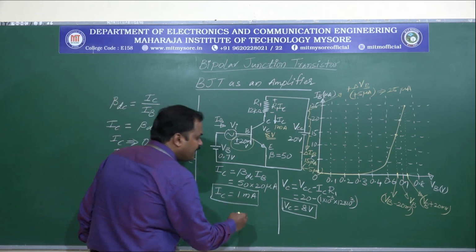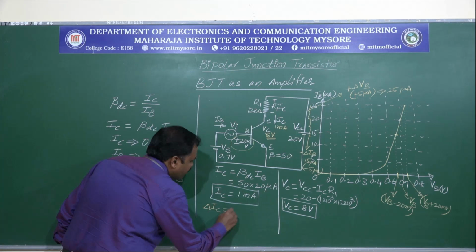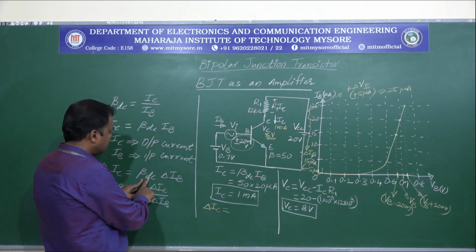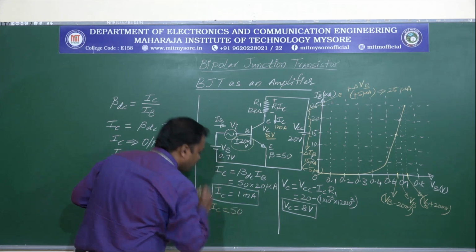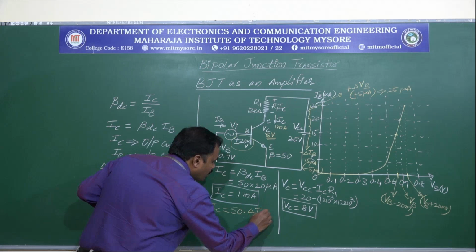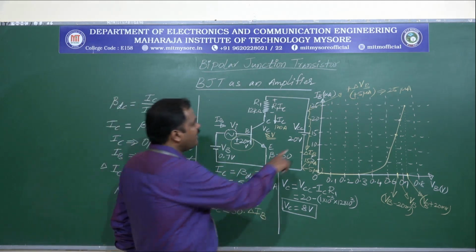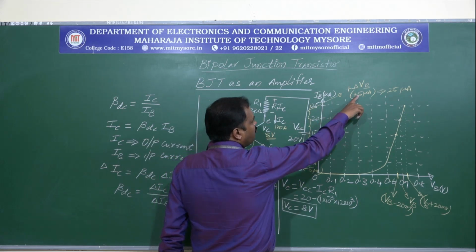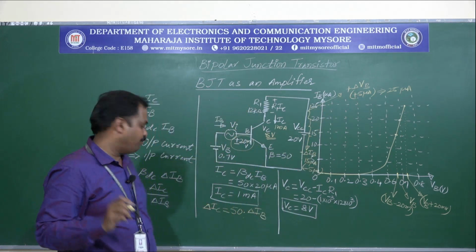So I can write delta IC is equal to beta DC, which remains the same, 50, into delta IB. Now what is delta IB? We have delta IB as plus or minus 5 microamperes.